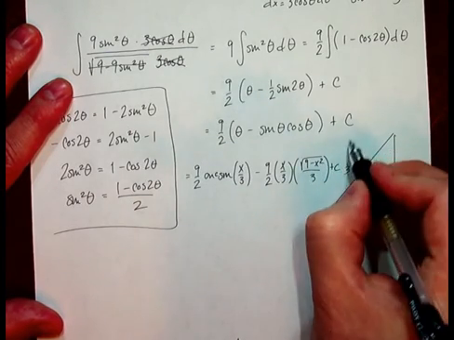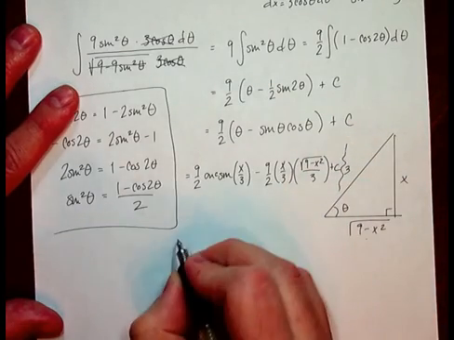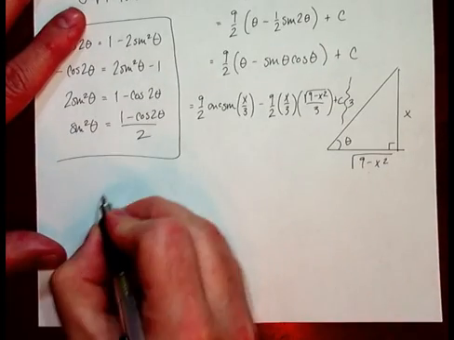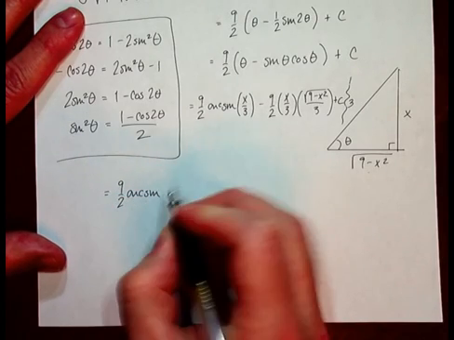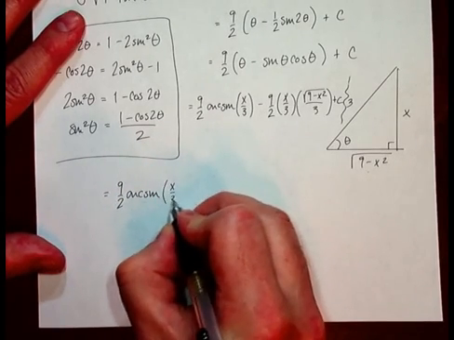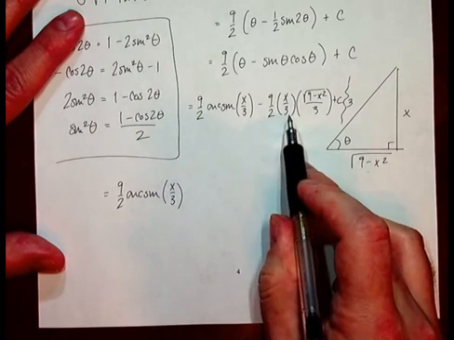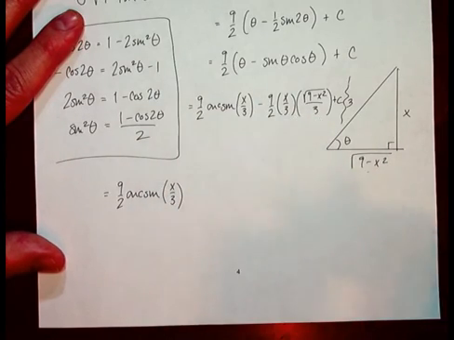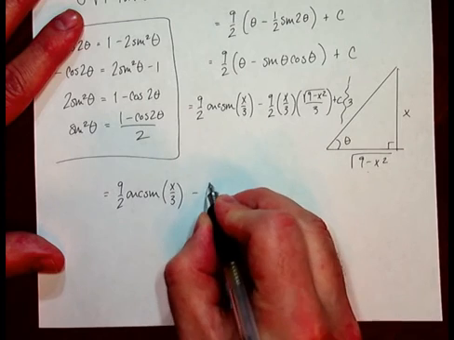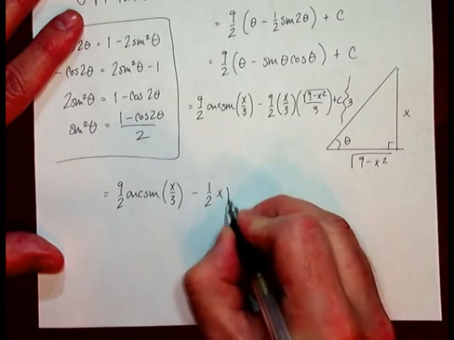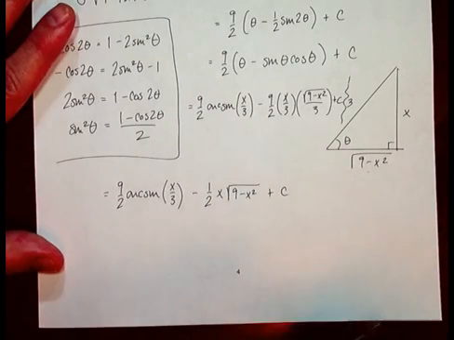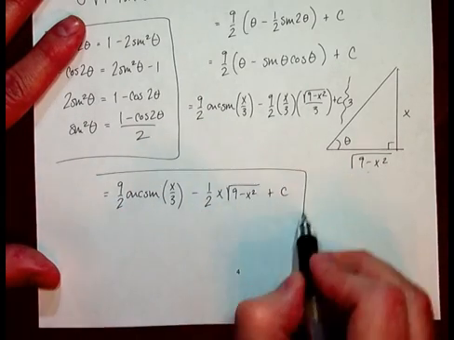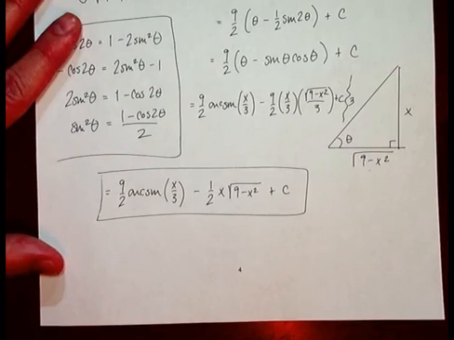Sorry, getting a little close to my triangle. And we therefore are going to simplify this down to 9/2 arc sine x over 3. These 3's will cancel with that 9 and will give us 1/2 x radical 9 minus x squared plus c. And that is my integral.